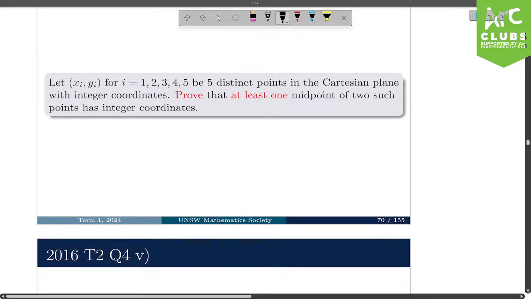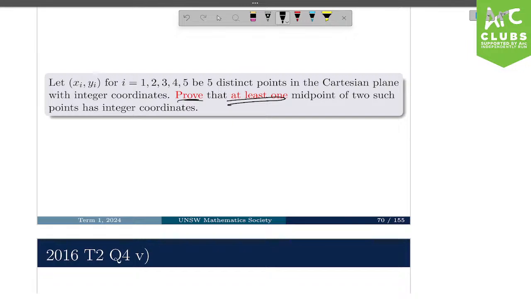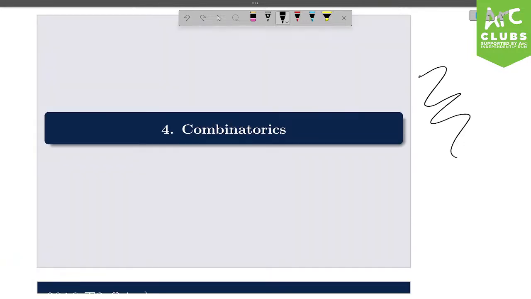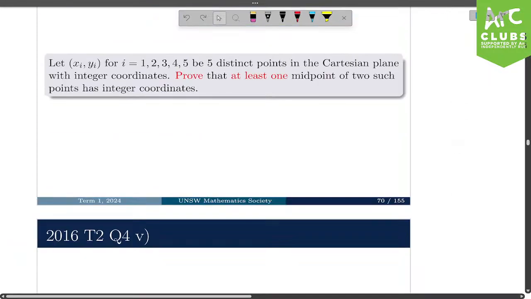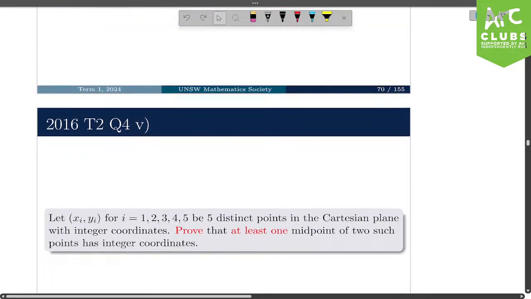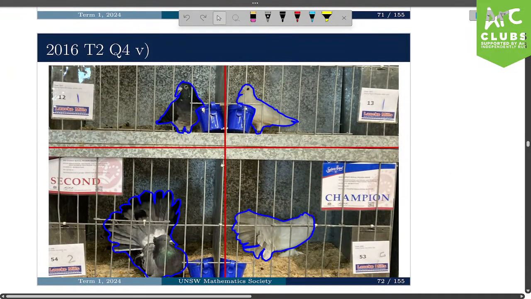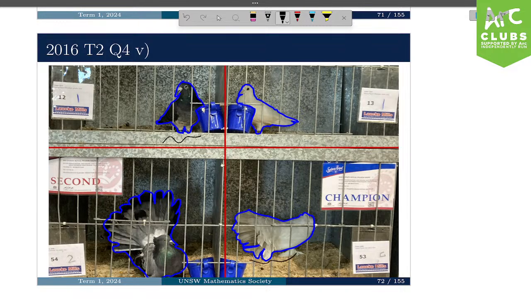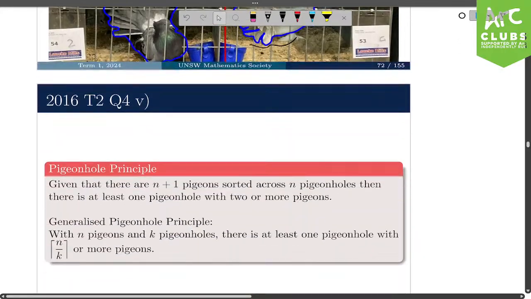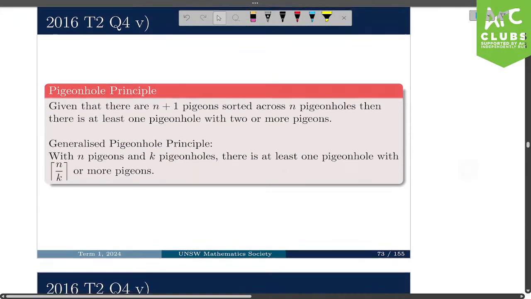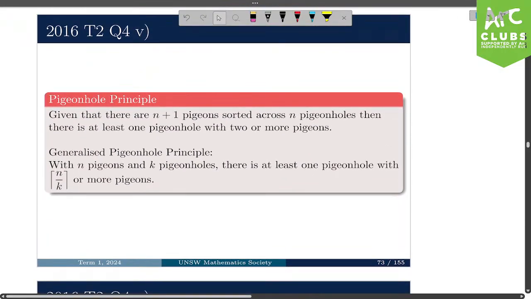You note the prove, and you note that it says prove at least one, and these are very indicative of a pigeonhole principle in general. Look at all of these. These are my homies. This is like Jamal. This is like Greg. You know, these are pigeons. Anyways, so yeah, pigeonhole principle.